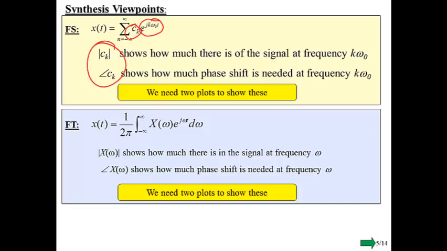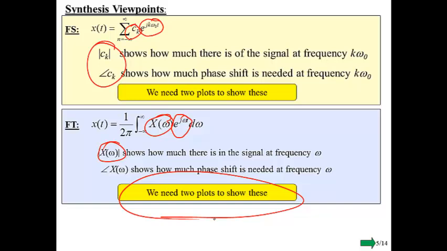And same thing down here, we've got our complex sinusoids for each frequency omega, and we're hitting it with a complex number out in front at each omega. So this quantity tells us how much of that frequency there is in the signal at that specific frequency. And again, we need two plots to show these things.